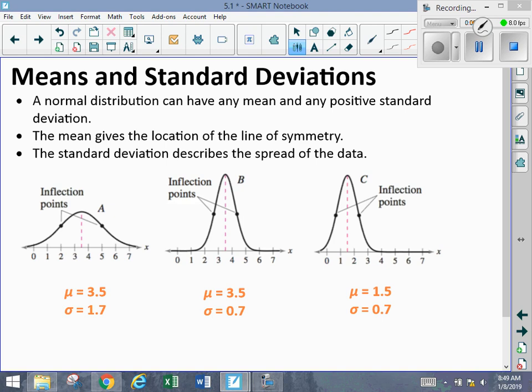So if I was just to base this off of the graphs, right? It appears that this one has a larger standard deviation. And it looks like these are about the same, right? But even though they're in different spots, right?